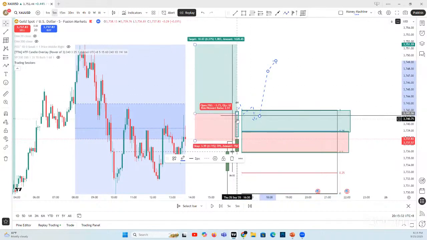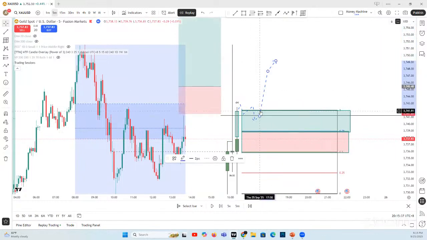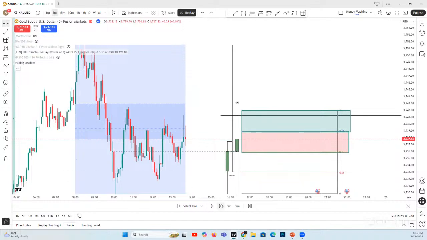But there is a wick. It so happened there is a wick there. Okay, it closes there, making this wick. Now you are in the optimum area. Much easier now for price, or for you, to enter, right?